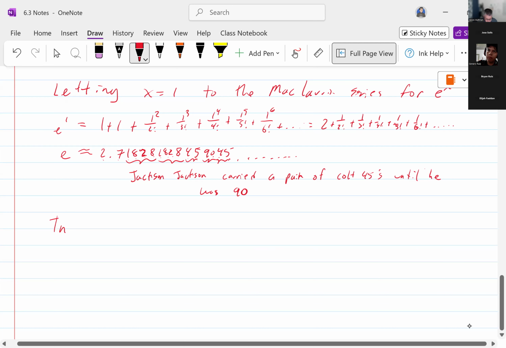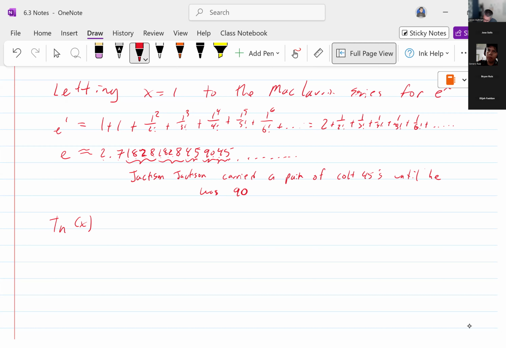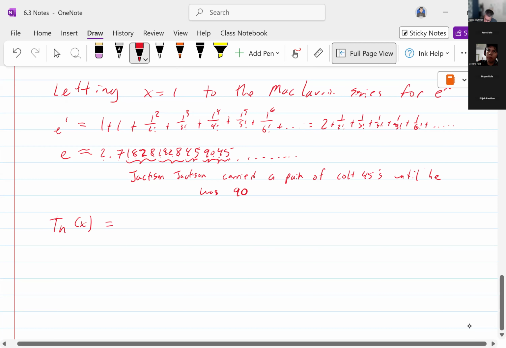T sub n, I want to look at T sub n. What is T sub n of x called? Okay, and this is the nth Taylor polynomial. So T sub n of x is equal to the sum from i equals 0 to infinity of f to the ith derivative of a over i factorial times x minus a to the ith power.